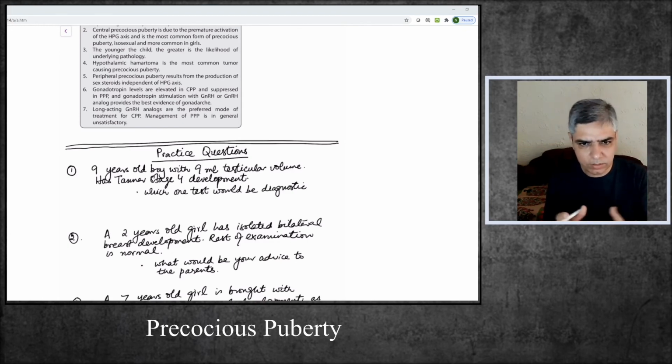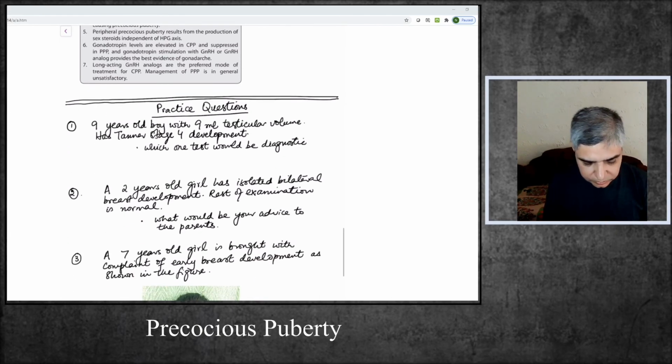So your advice to the parents is just to give them reassurance. This condition goes off by itself, so there is no point in treating it. It's just an isolated condition, and your advice would be simply reassurance.